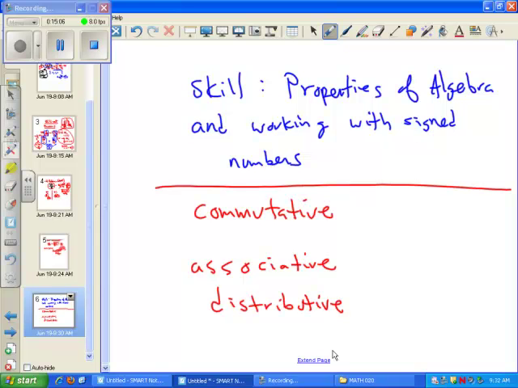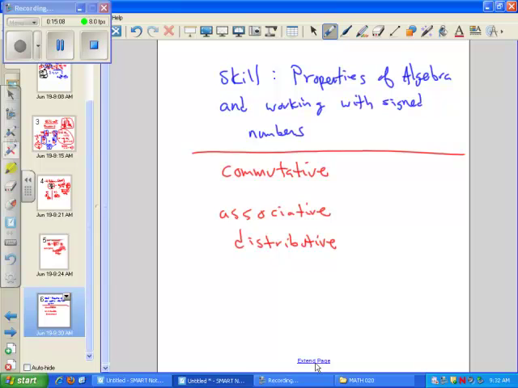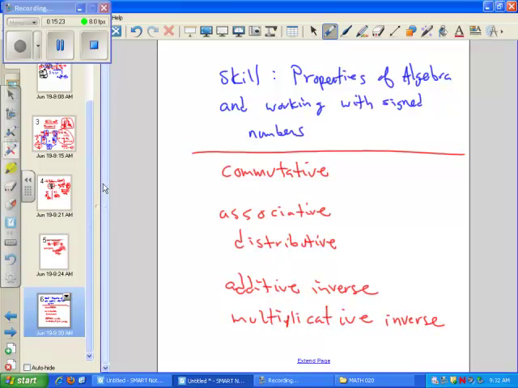Additive inverse. Let's keep going. How about multiplicative inverse? Okay, so we'll add to that list properties of 0 and 1. There's no fancy name for that, other than properties of 0 and 1.